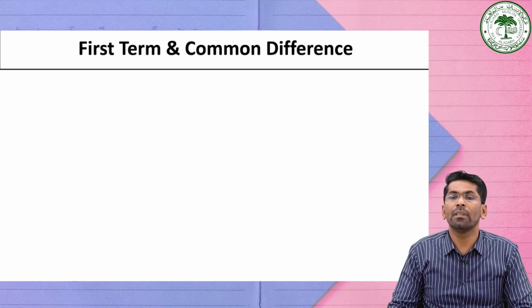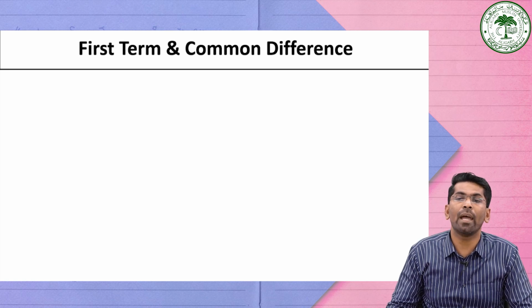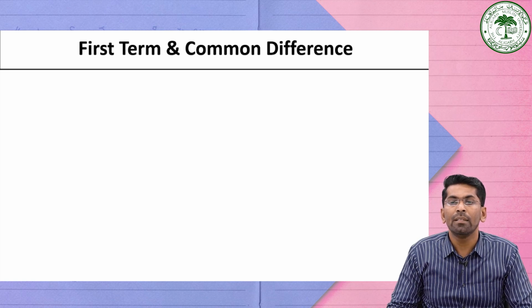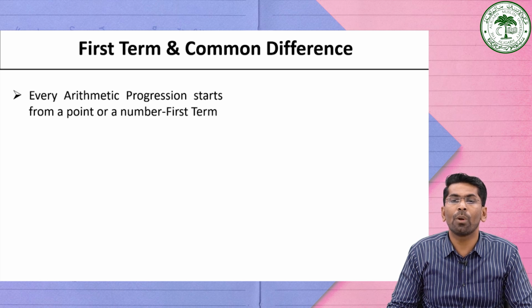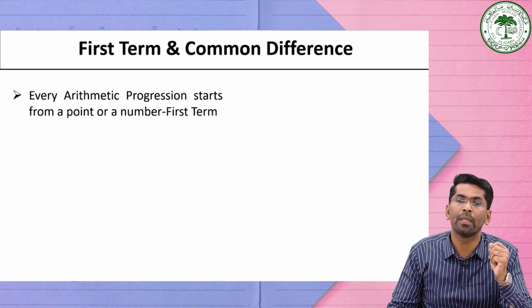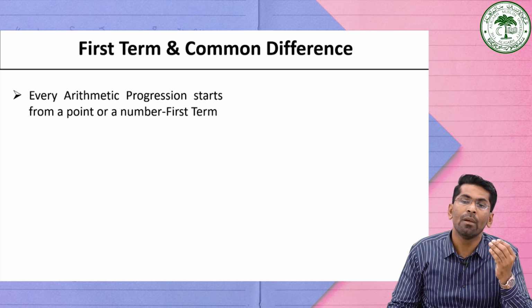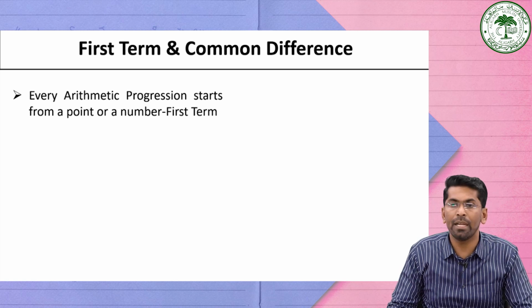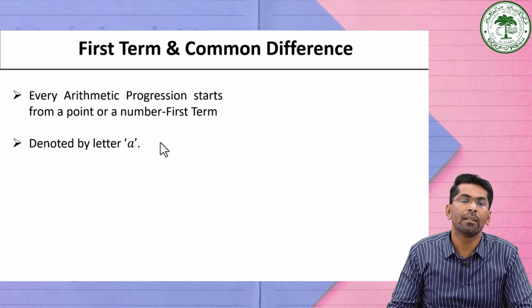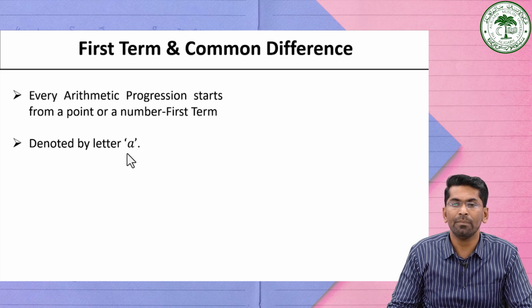Let me introduce the concepts of first term and common difference. Every arithmetic progression starts from a particular number. That is the initial term of an arithmetic progression, which is the first term, and it is usually denoted by the small letter a.